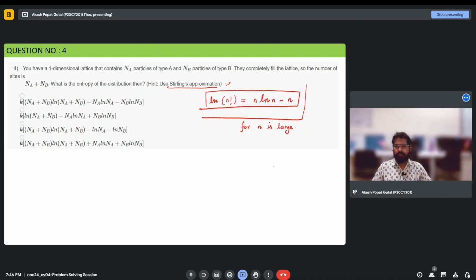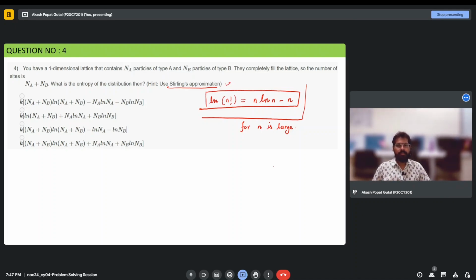So here K is KB. Remember that KB is the Boltzmann constant. Remember, this question can be solved by considering the additive property of entropy.